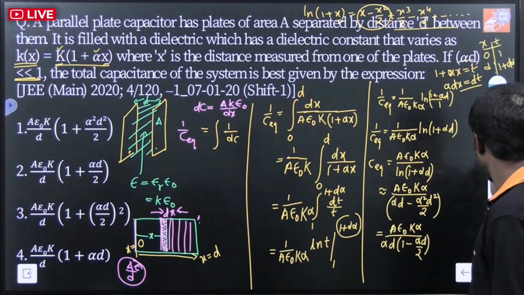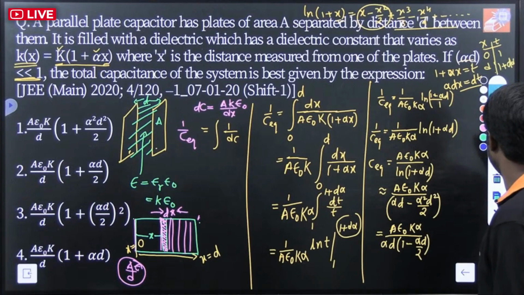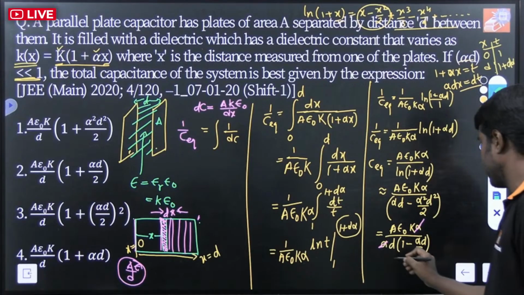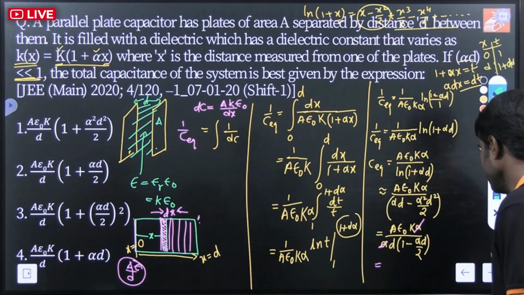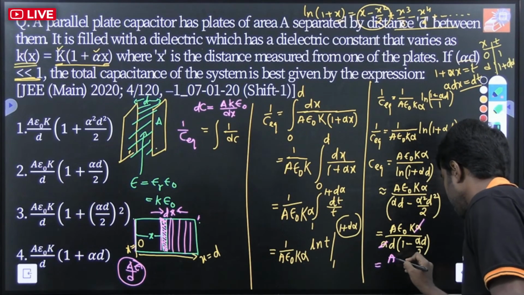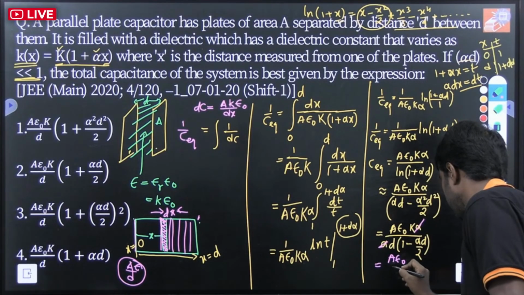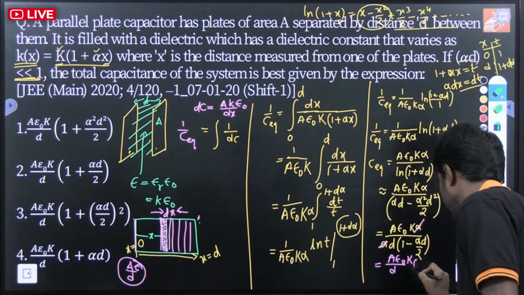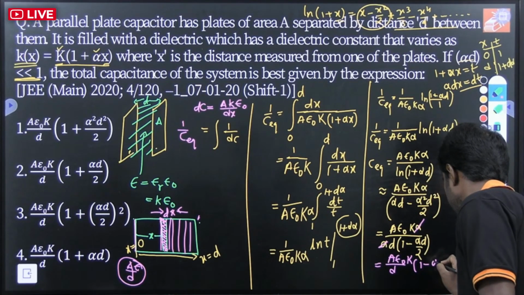Again, one alpha cancels. So finally we get C equal to A epsilon naught K by d into (1 minus alpha d by 2) inverse.